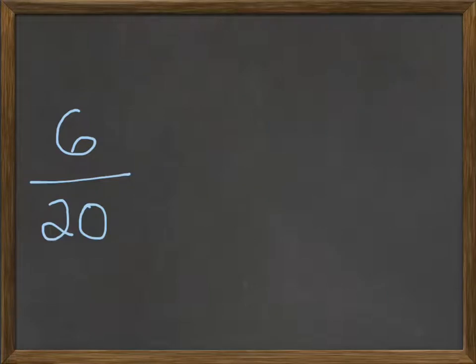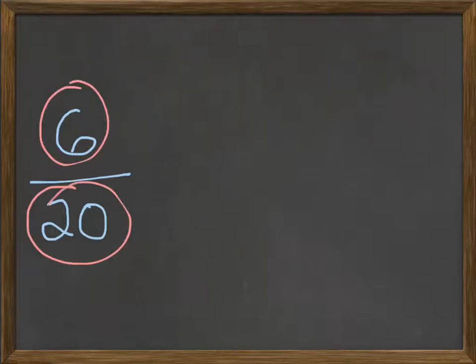Let's explain it a little bit more here. I've got a fraction which is 6/20. If I can find a number that will go into both the 6 and the 20, I'll be laughing. I think that 2 will go into the 6 and the 20.